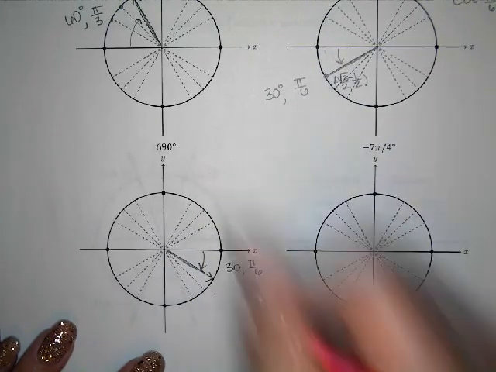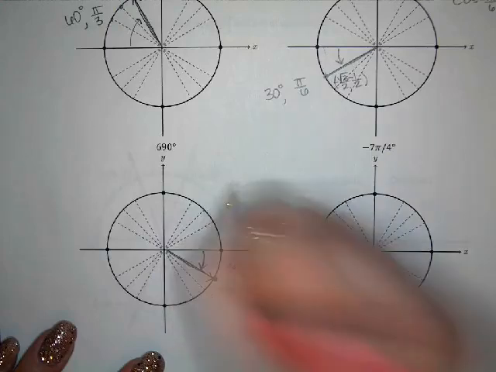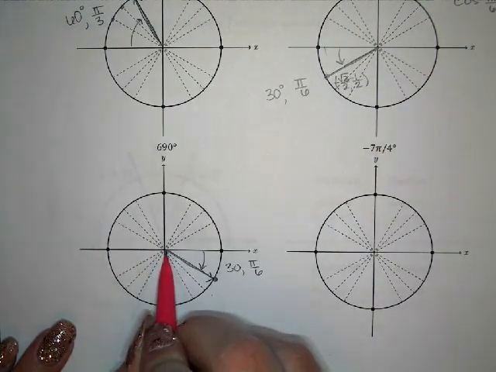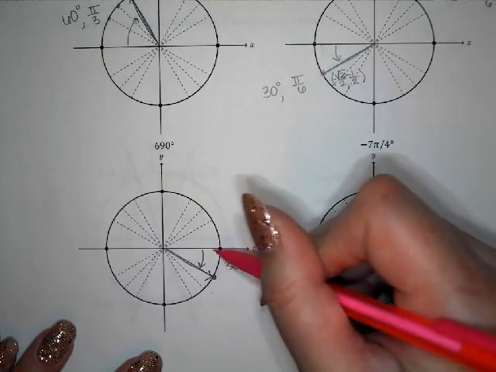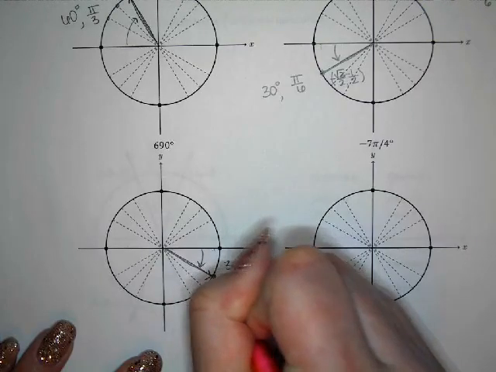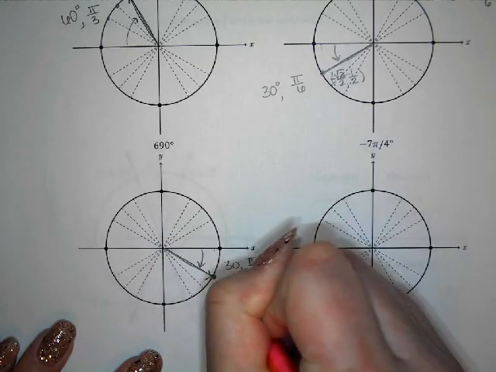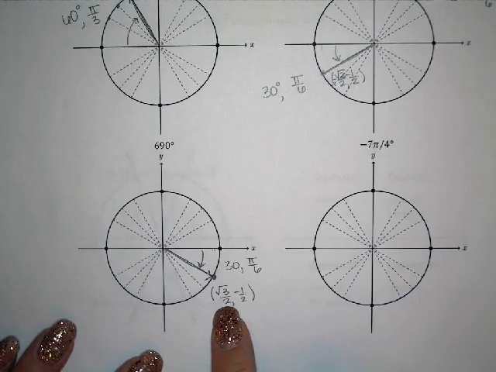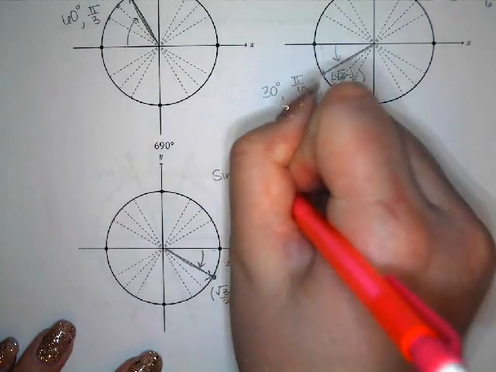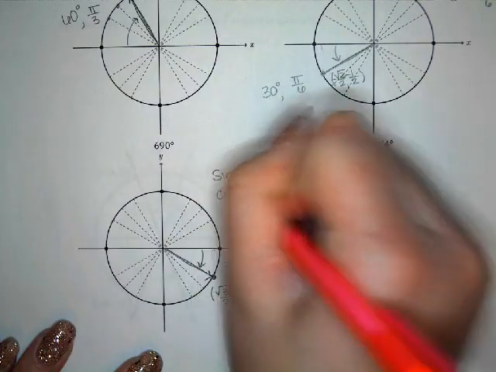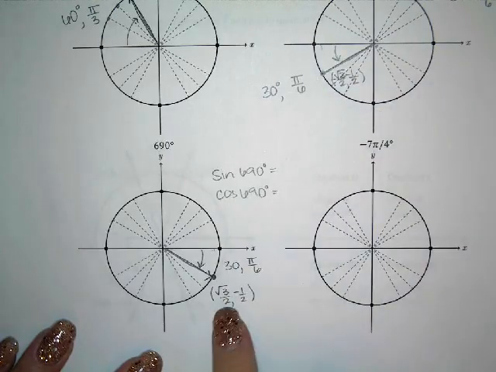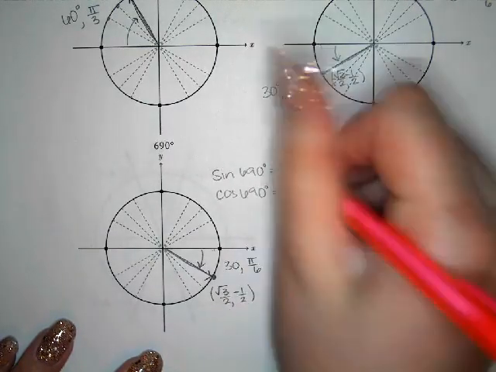And so to get to that x and y coordinate, we would have gone to the right a lot, down a little bit. So to the right a lot, down a little bit. So we have sine of 690, cos of 690. So sine is the y-coordinate. Cos is the x-coordinate.